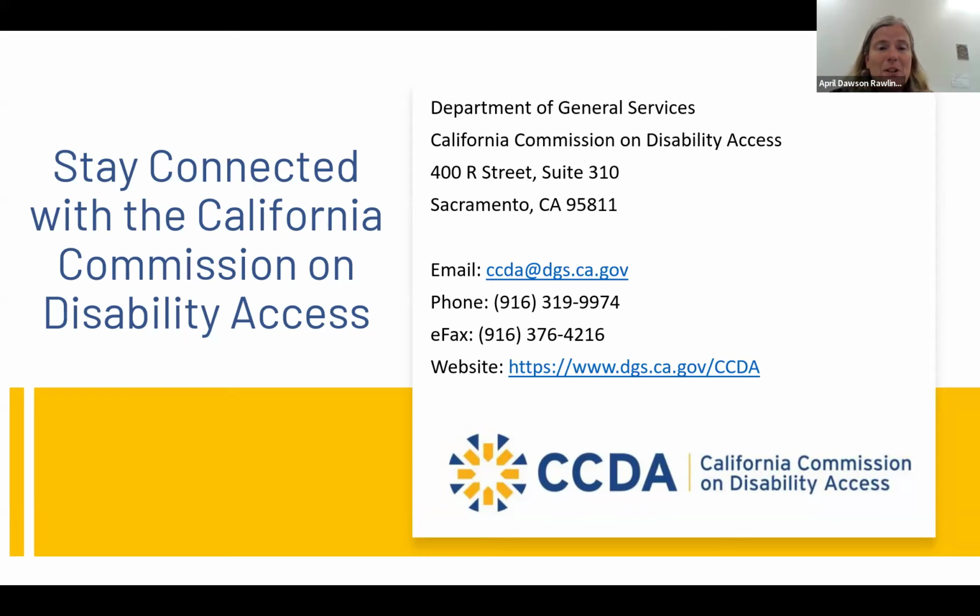So I highly encourage you to go to the meetings section of our website to learn about when our next meetings are. Our full commission meetings are quarterly. The next one will be in October, and we will have both a Zoom link to participate remotely as well as an in-person location. We're still deciding where we're going to be in October, so check out our website for that.